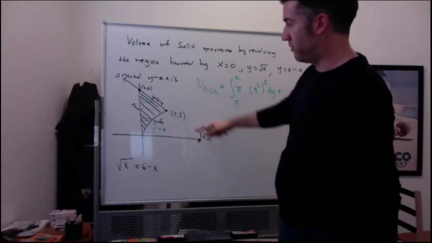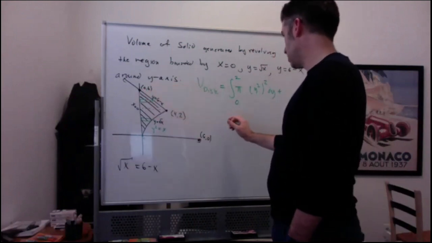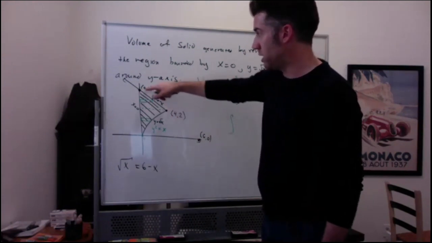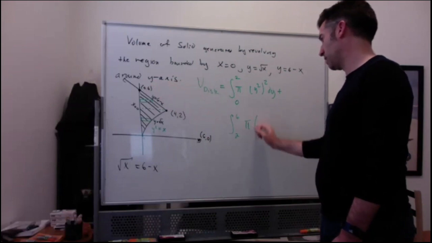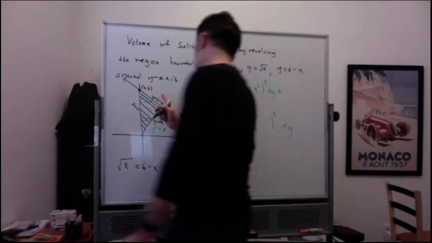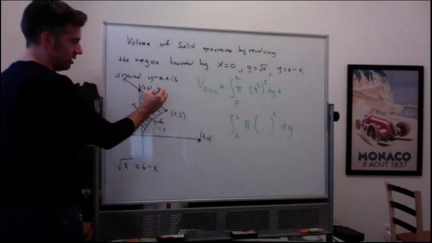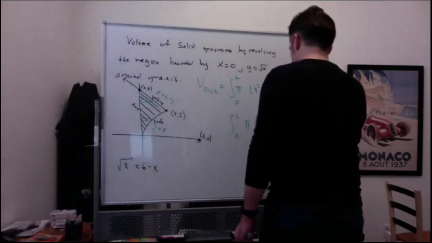Plus, then you have to do the integral from the region from here to here. So that would be the integral from 2 to 6 of pi times my radius squared. Where my radius here is, if I solve this for x, it's x equal to 6 minus y.